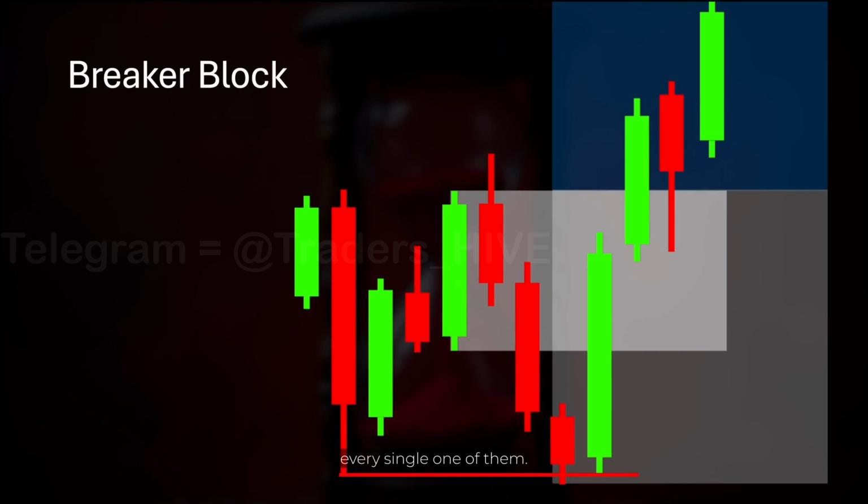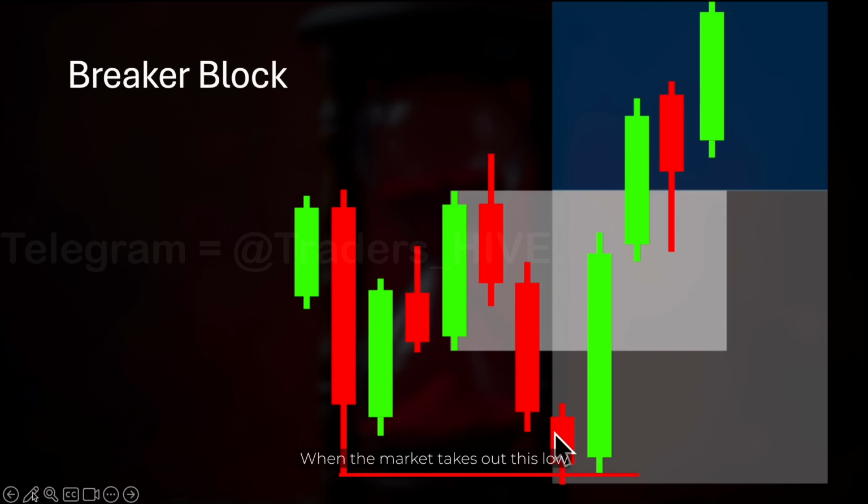Here we can see the breaker block. When it comes to the breaker block within a bullish scenario, it looks like the following. Where you can see that the market expanded towards the downside and we formed this low. A retracement occurred and we see the market form this high in here. The market then expands towards the downside one more time, taking out this previous low.